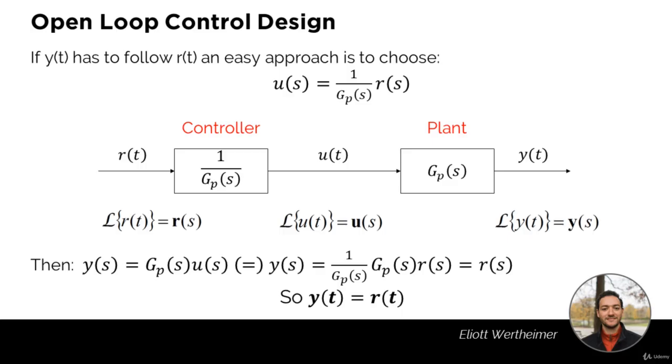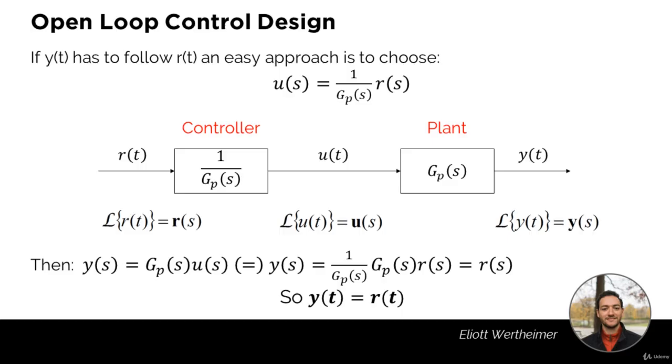And this is equivalent to Y(s) equals 1 over G_p(s) times R(s) times G_p(s), because U(s) equals R(s) times 1 over G_p(s). So you develop all that, and what you get is that Y(s) equals R(s). So essentially, y(t) equals r(t).